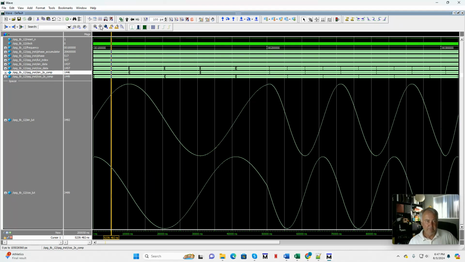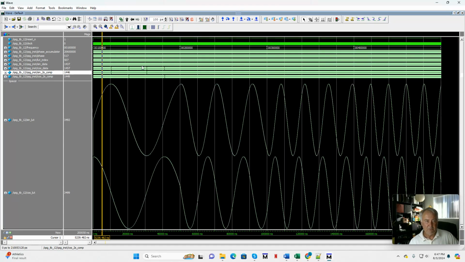So I've put together a little simulation where I've gradually increased the phase increment from essentially an integer 1 to an integer 2. When I say integer, we are just changing the lowest order bit in the integer portion, the upper 12 bits of the phase accumulator.